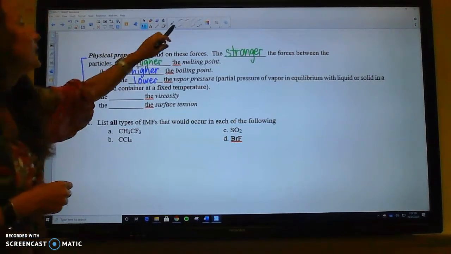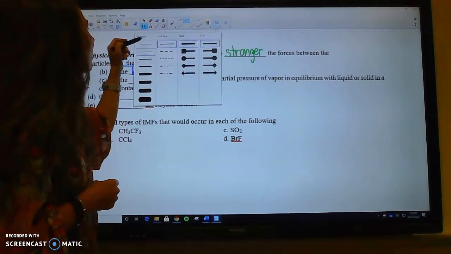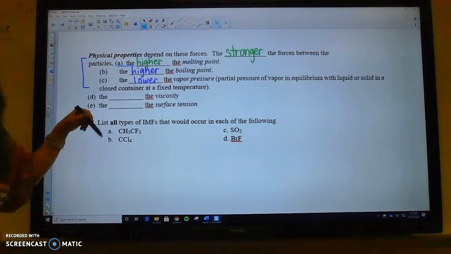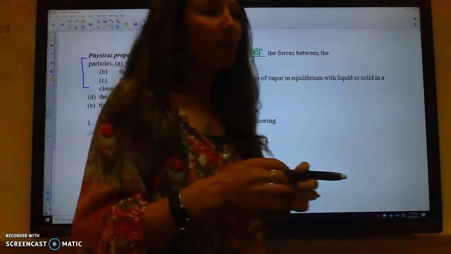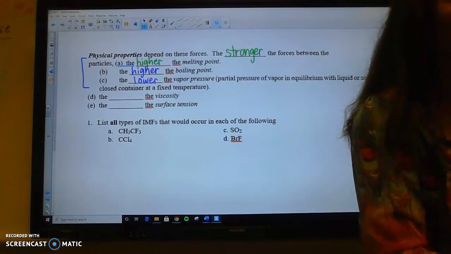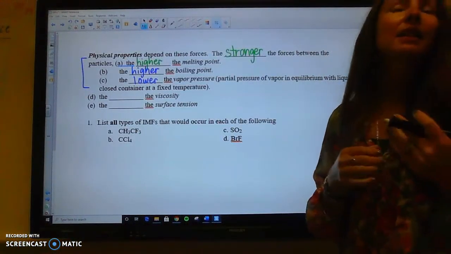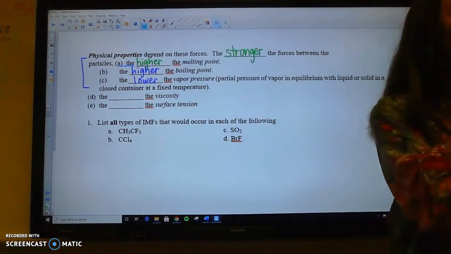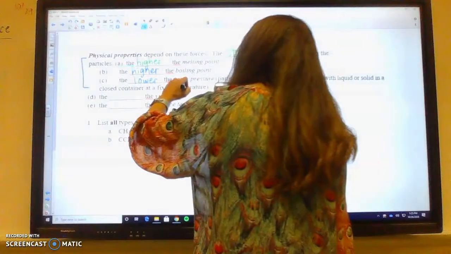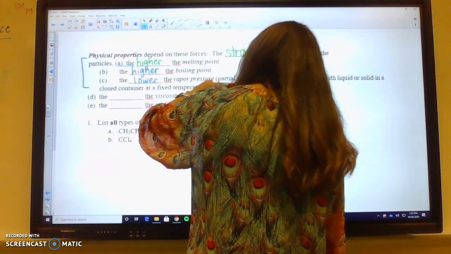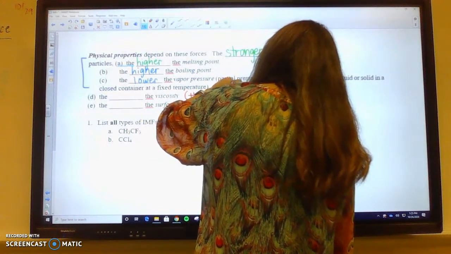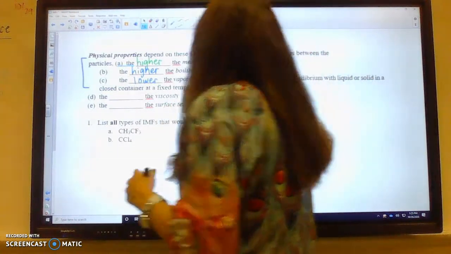Okay? And then these last two, I'm going to change the color on. We're going to talk about it, but I won't test you on this. Viscosity is a liquid being kind of like thick and syrupy. So let me write this in here, and then we will talk about the trend or the pattern effect.